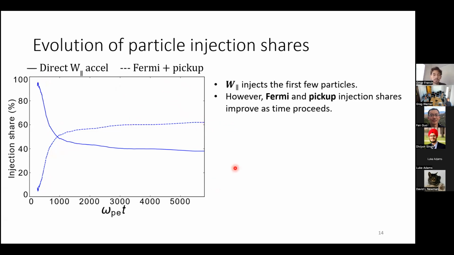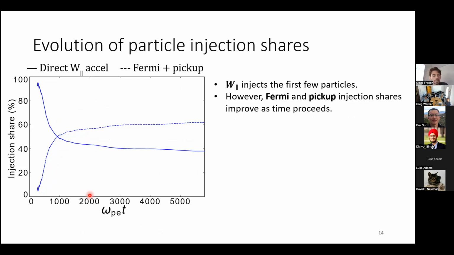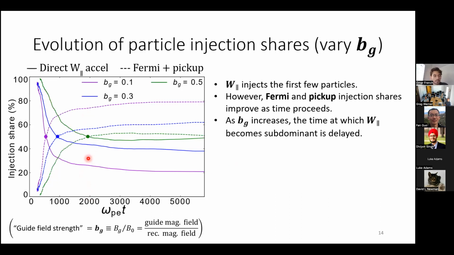This is just for a single guide field. Is this cumulative over time, or are we looking at the fraction at a moment? This is the instantaneous injection share. So for example, at a given time, what percentage of particles are injected by W parallel versus the other two combined.